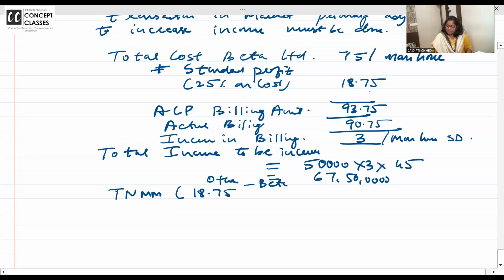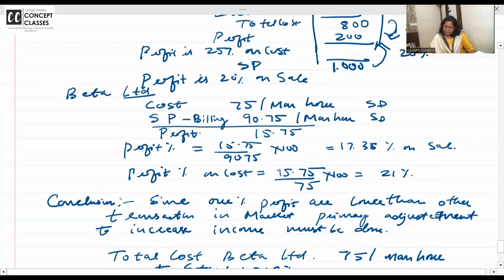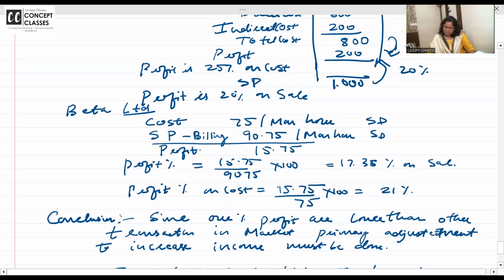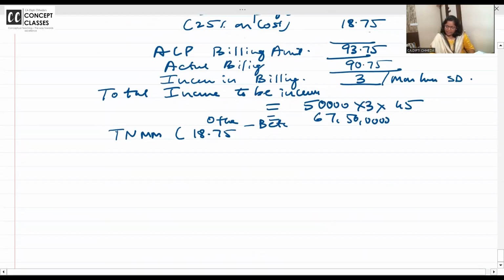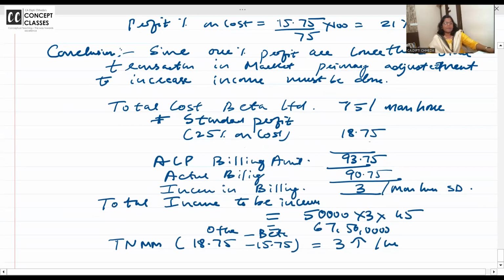अदर्स का मार्जिन 18.75 है. हमारा मार्जिन कितना था? 15.75. मिला आपको यहाँ पे? 15.75. सो 3 रुपीज पर आवर इंक्रीज होगा. एग्जैक्टली सेम. यू कॉल इट कॉस्ट प्लस मेथड. पूछा तो भी एग्जाम में सेम सॉल्व करना. ट्रांजैक्शन नेट मार्जिन मतलब हाउ मच प्रॉफिट अदर्स आर चार्जिंग. आई ऑल्सो वांट टू चार्ज द सेम प्रॉफिट ऑन माय कॉस्ट.